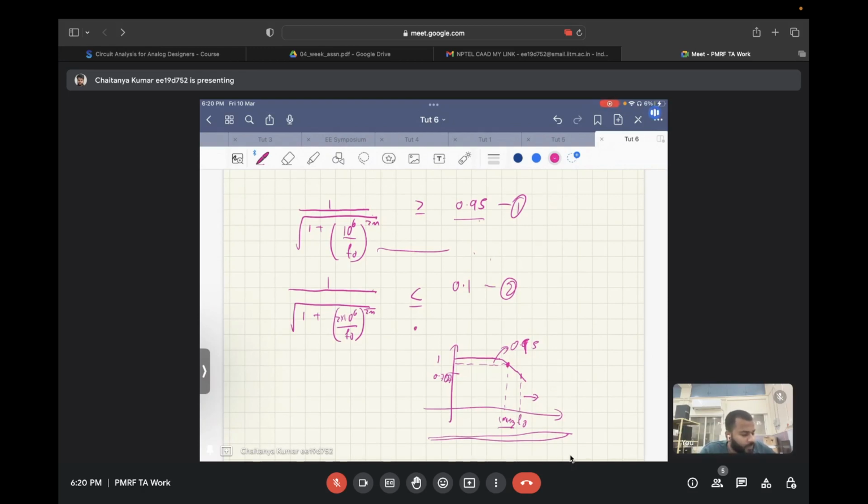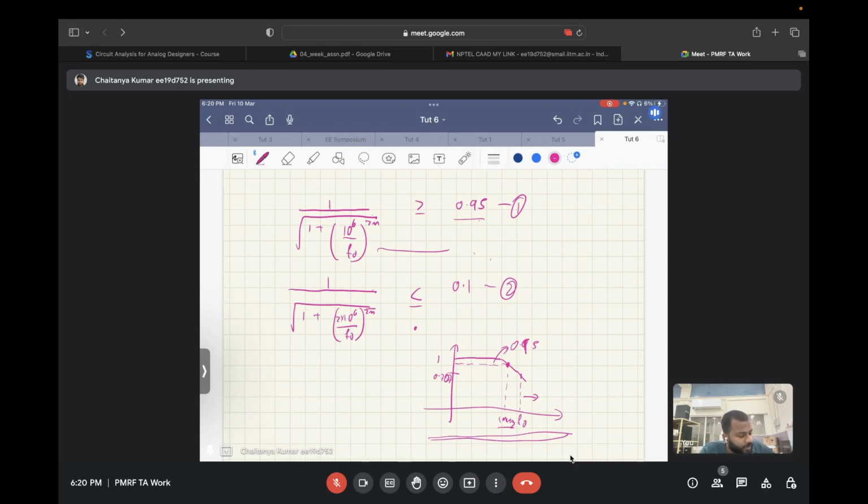Now, let's say your order remains the same, it's fourth order. Order cannot vary because that is basically the design choice, the number of op amps or capacitors you have in the circuit. That cannot vary. Only your f naught can vary with the component variation.